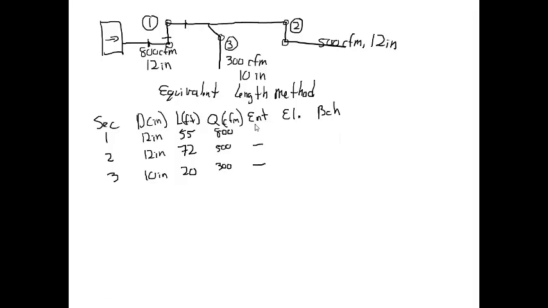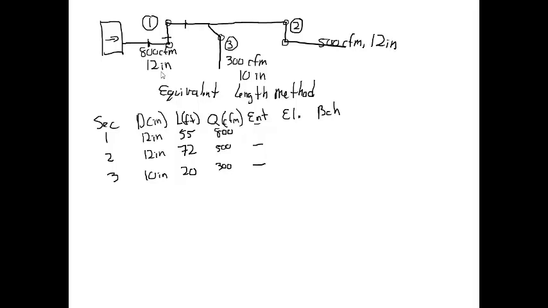First, let's look at the entrance. Here I have an abrupt entrance into a 12-inch duct. So if you turn back to table 1214, let's look at table 1214. I have an entrance, an abrupt entrance, for a 12-inch duct.